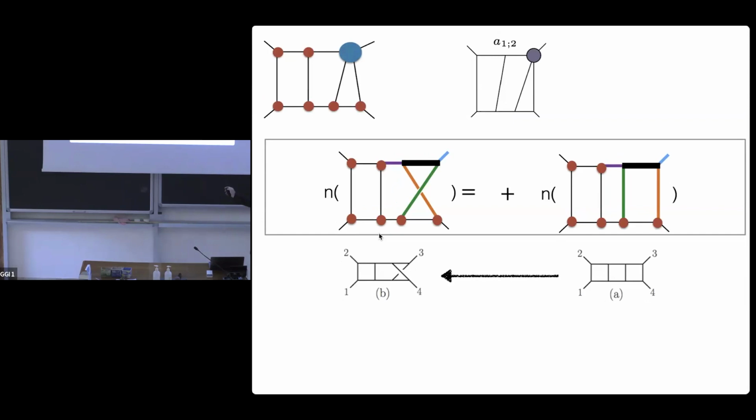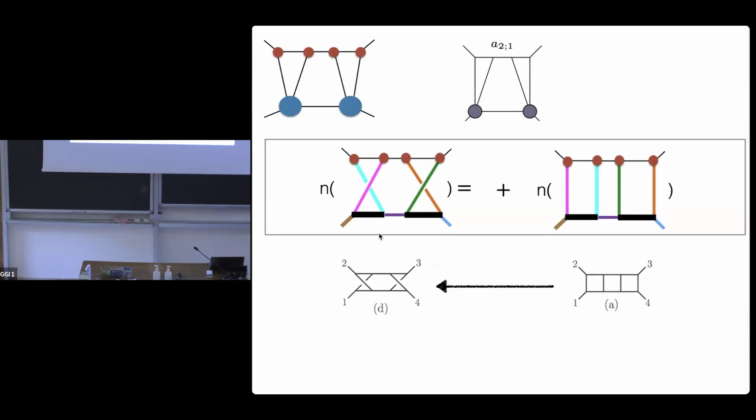Similarly, doing the same thing for this cut topology, relating two different cut orders, lets us express this graph, the B graph, entirely in terms of the A graph. And our next-to-squared maximal cut here lets us get the double crossed ladder.